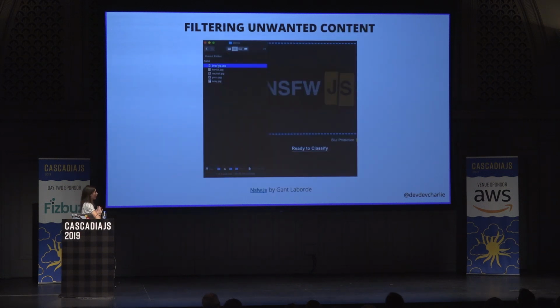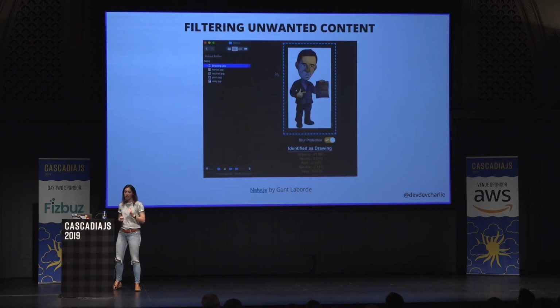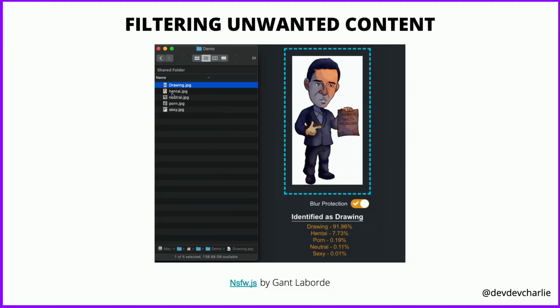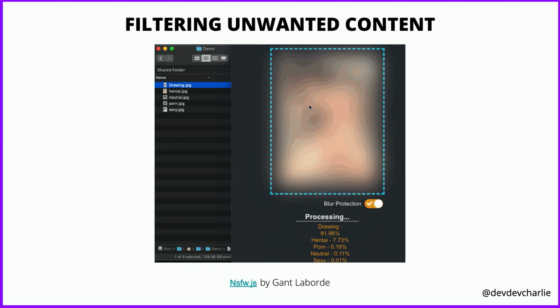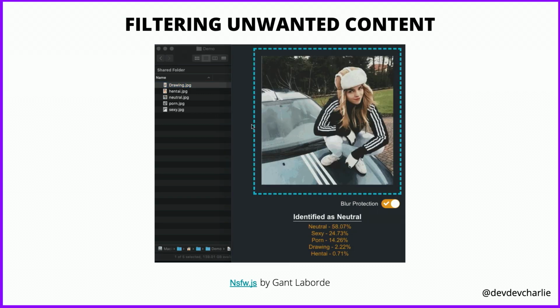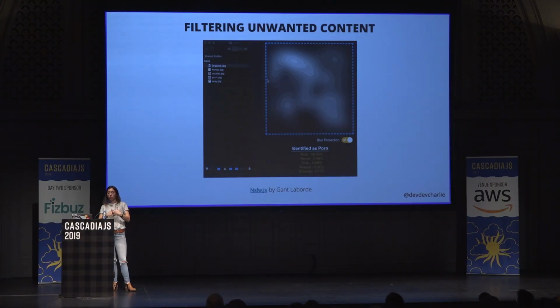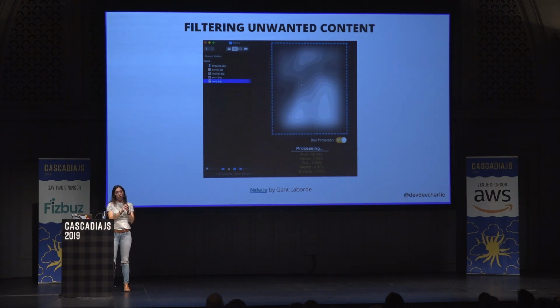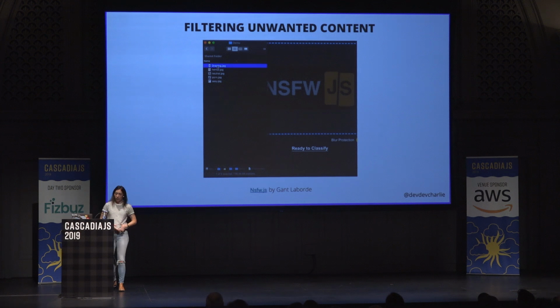Another one that I thought was pretty fun, or actually quite useful, is called Not Safe for Work.js, where you can upload images again, and it will tell you the probability of it being not safe for work. It was quite interesting to me, because before being a dev, I was in marketing, and that would have been really interesting, because I used to work with brands where they wanted to put together a competition where people could upload photos on their Facebook page or something, and you can tell people only upload selfies or something, but you can't really force them not to upload something else.